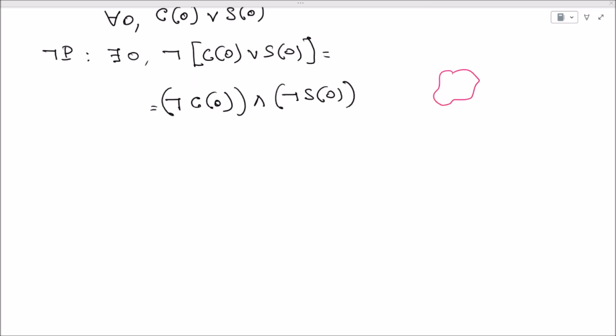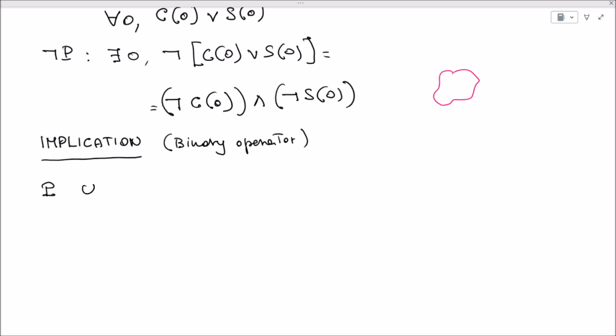As a final example of binary operator, let's consider the implication between propositions. So the implication is another example of binary operator. Now, given two propositions P and Q, the implication is a new proposition represented with an arrow.